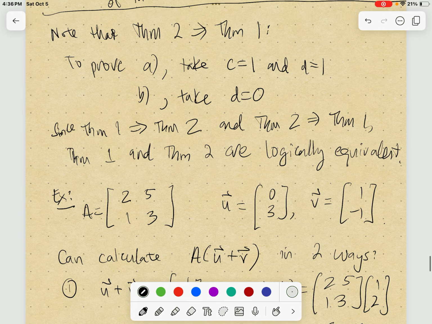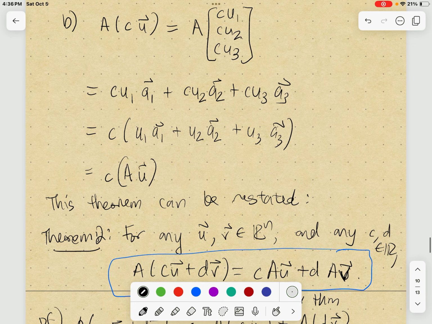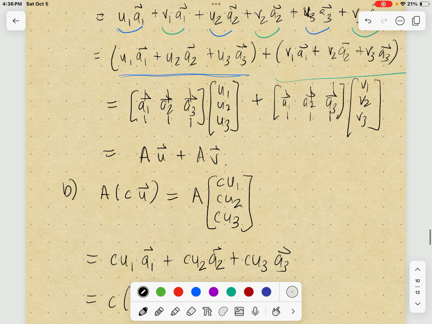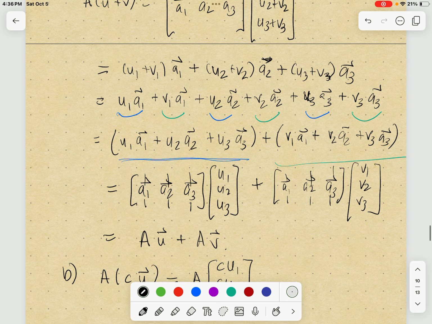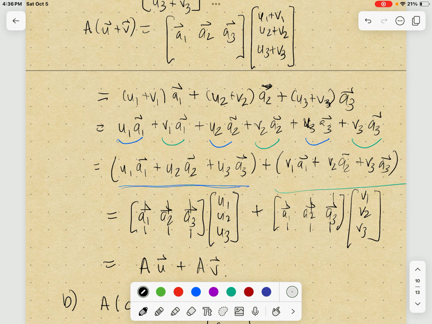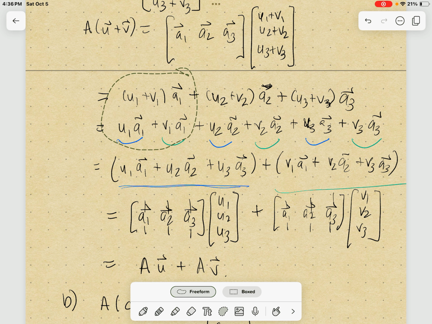And did we use the distributive property in the proof of this theorem? Well, if you call the fact that these two are equal the distributive property, here you have a scalar times a vector, so it's sort of different, but it's this property of scaling a vector that comes into the picture.